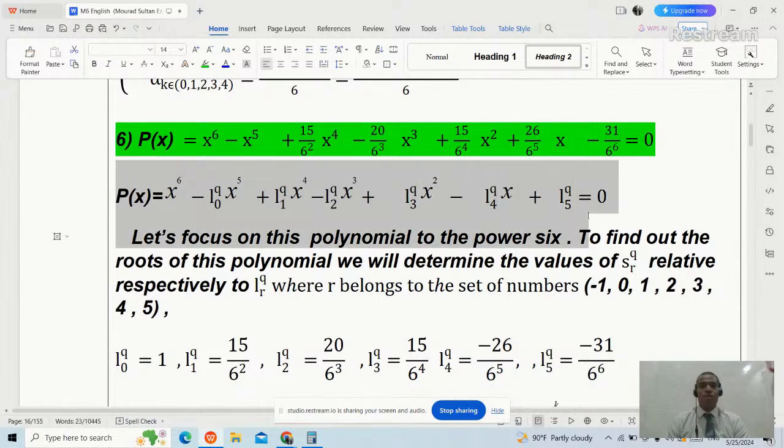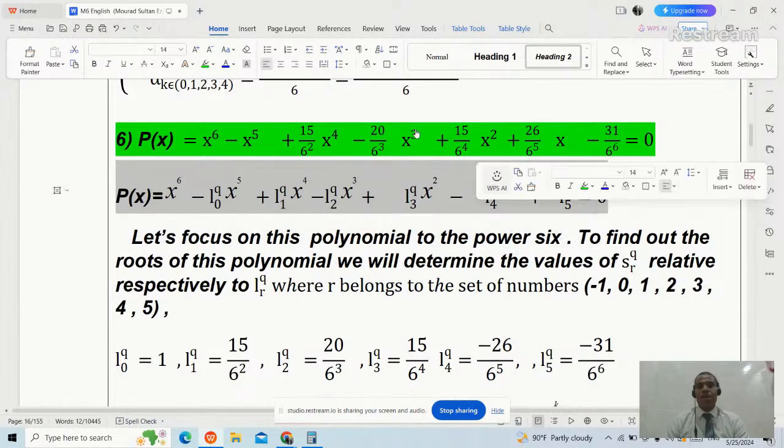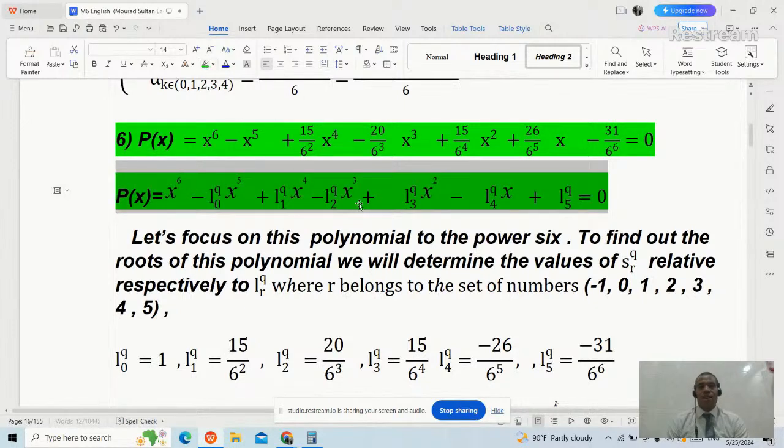raised to the power 4. Then minus L2 of order q x cubed plus L3 of order q x squared minus L4 of order q times x plus L5 of order q.